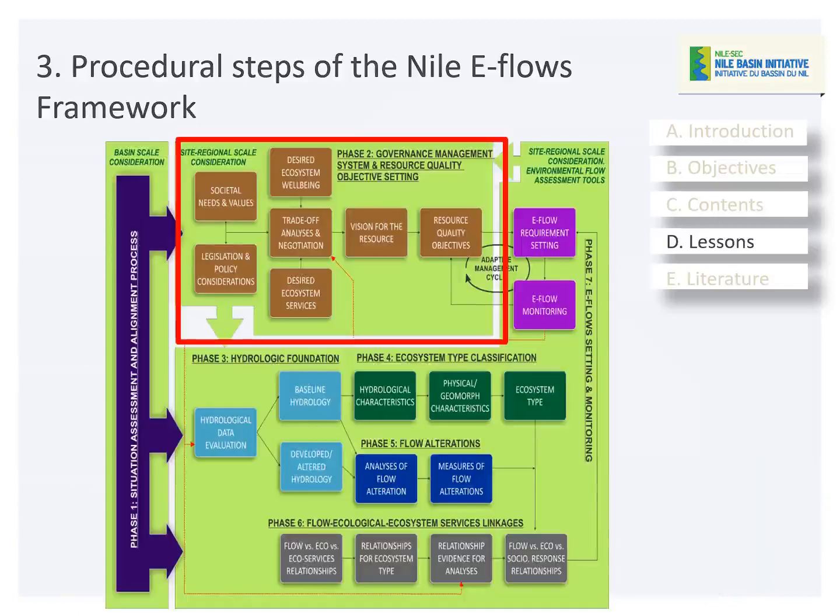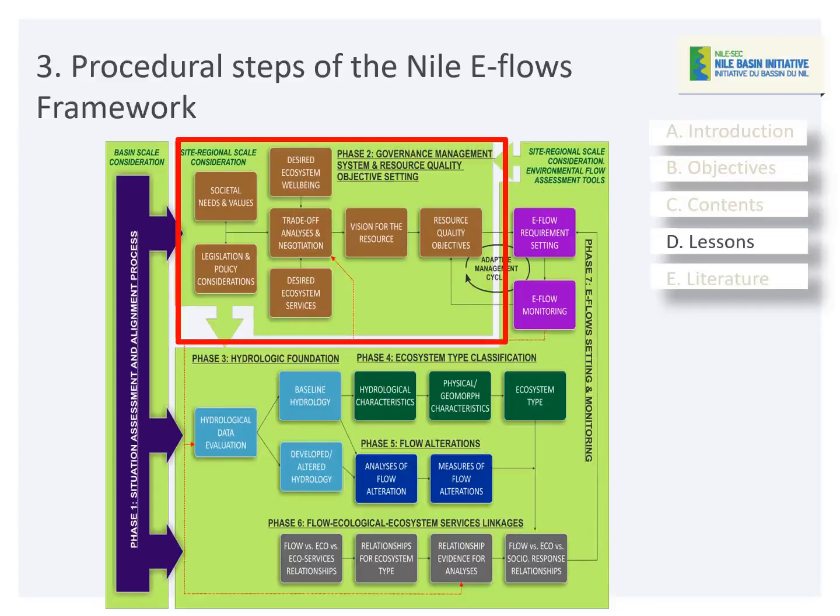Secondly, the next phase is the governance, management and RQO setting phase. This is where we would look at the relationships between societal needs and values and legislation and policy considerations. That would be based on trade-off assessments and negotiations between the desired ecosystem well-being and the desired use of that resource.